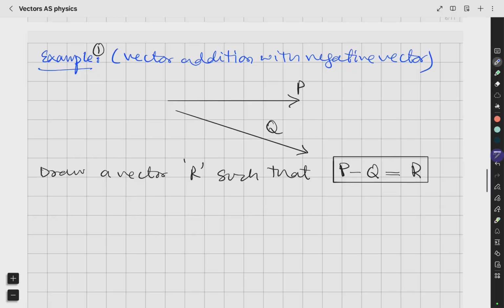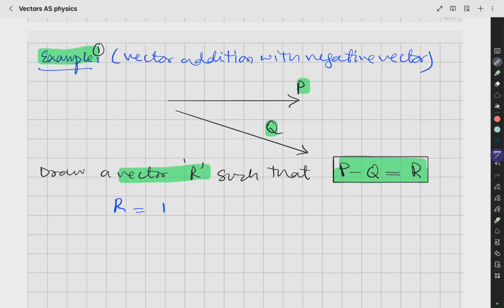Let's look at the example. This example is vector addition with a negative vector. This is vector P, this is vector Q. They are asking you to draw a vector R such that this equation is valid: P minus Q is equal to R. Remember, in vectors, you never subtract the vectors. You actually add them.